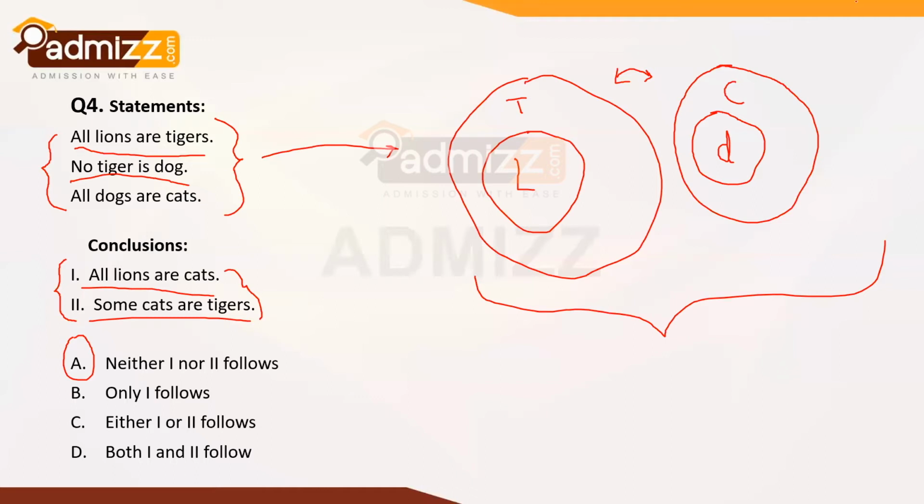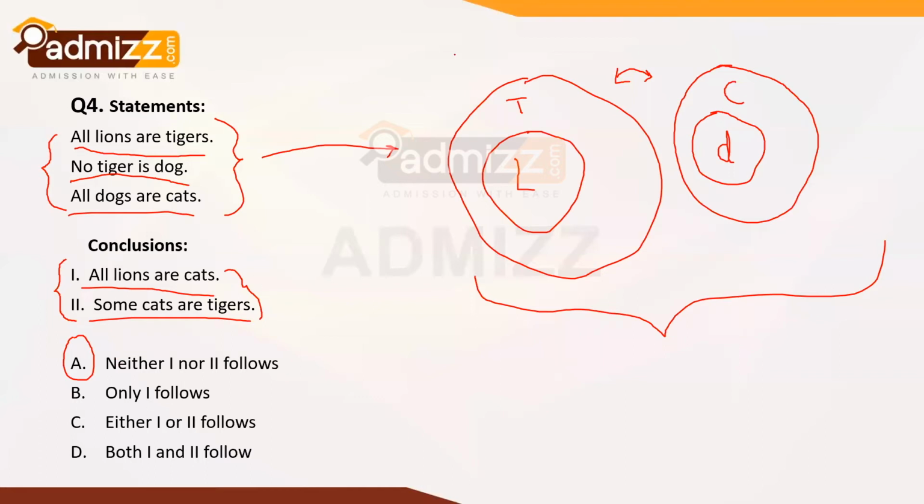Because C, this set, may not encapsulate tigers and lions as a whole. And option number C may not also overlap with the set of tigers, because judging by just these, this particular case is a pure contradiction to these two conclusions.